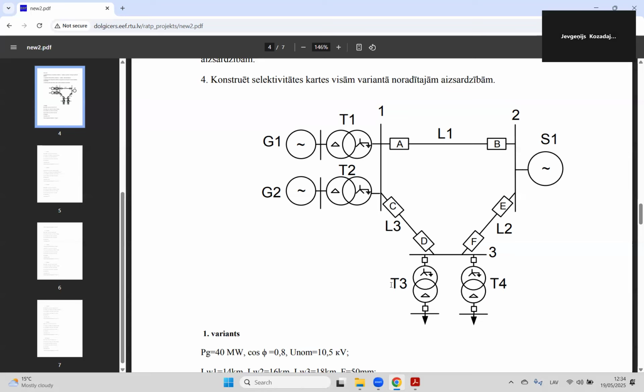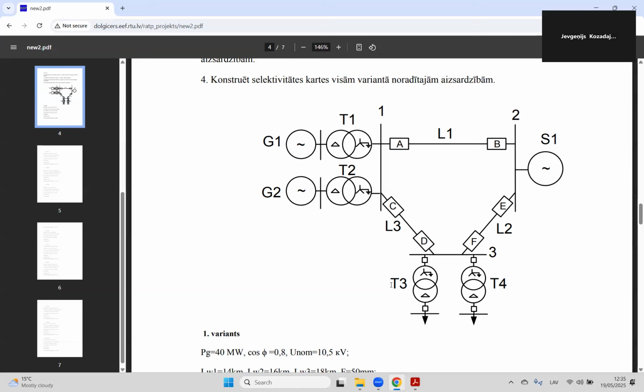For example, the main task of protection A is to protect line number 1. The same is for line number 2 and for line number 3. So here we have a loop, and it means that this is quite a complicated task for protections, not to detect a fault, but to make a selective operation.